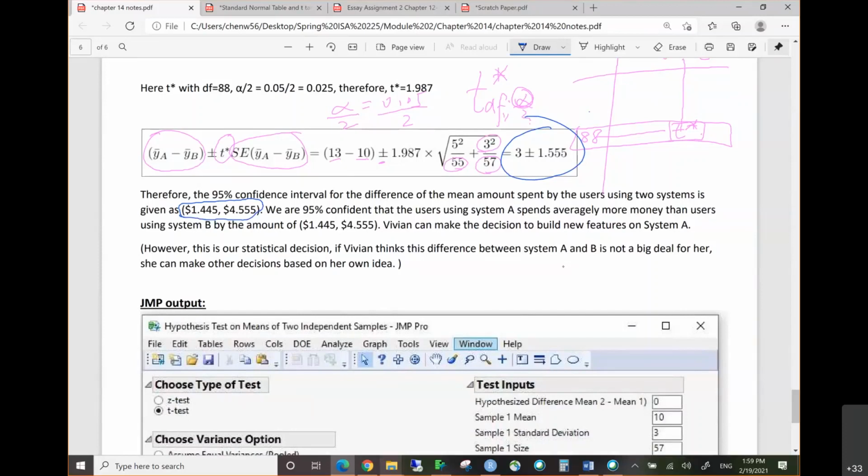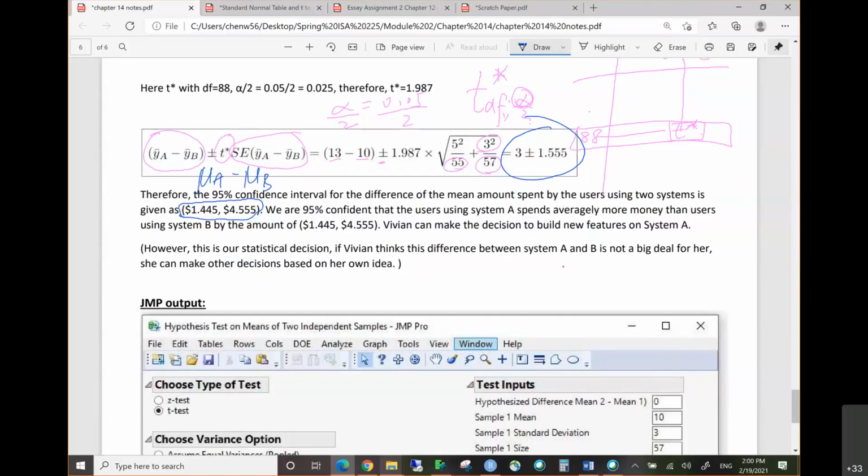First, this is the confidence interval for mu of A minus mu of B. So we have a positive confidence interval. That means A is larger than B by what amount?